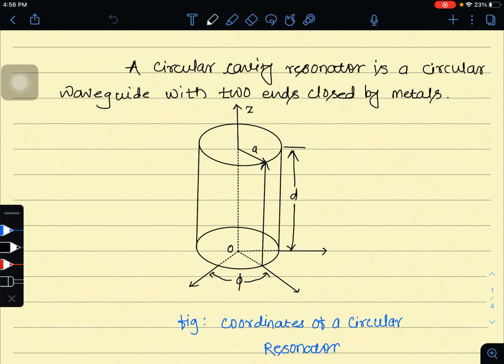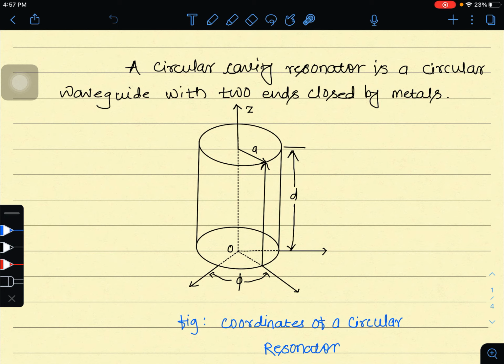But in the circular cavity resonator, the two ends of the circular metallic enclosure are closed by metal. Now in the diagram we see these two ends are completely closed.